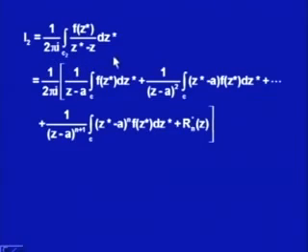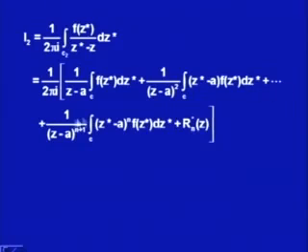And if we proceed in this particular manner, we will have I2 is equal to 1 upon 2 pi i and 1 upon (z minus a) will be taken out, and we will have f(z*) dz* as the first term, plus from the second term we can take 1 upon (z minus a) square outside the integral sign, because we are integrating with respect to z* and this does not involve z*. So, this can be taken out and we will have integrand of the second term is (z* minus a) into f(z*) dz*, and again we have replaced this curve C2 by C.